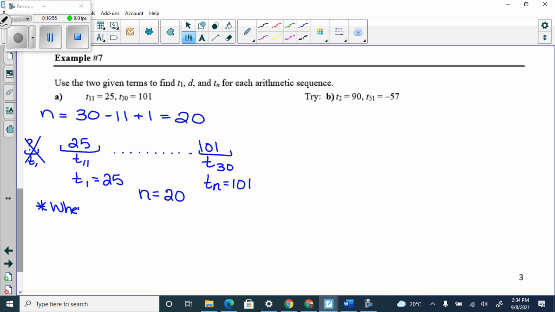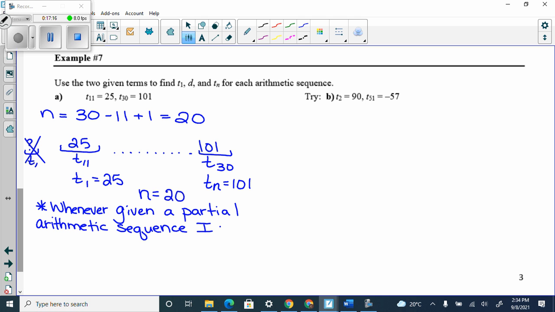Whenever given a partial arithmetic sequence, I must find D, no matter what is asked.